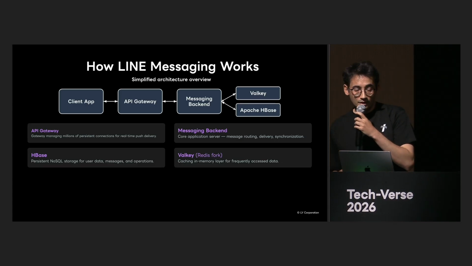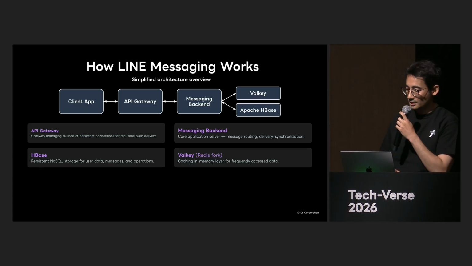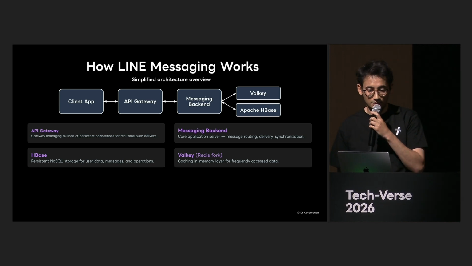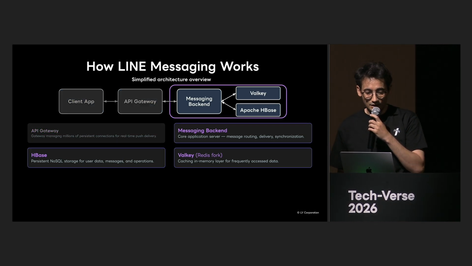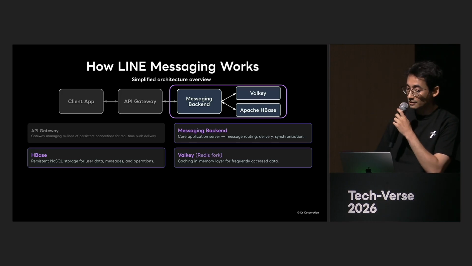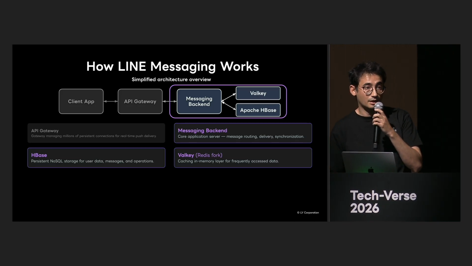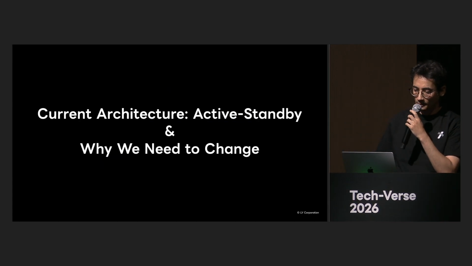All of this is operated in our private cloud called Verda, and so this means all infrastructure is managed by us end-to-end. As the API gateway is already an active component, for today's session we will be focusing on the messaging backend and the storage layer.